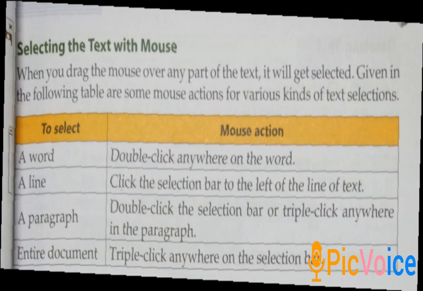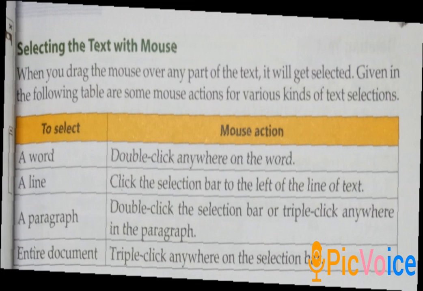A line, click the selection bar to the left of the line of text. A paragraph, double click the selection bar or triple click anywhere in the paragraph. Entire document, triple click anywhere on the selection bar.